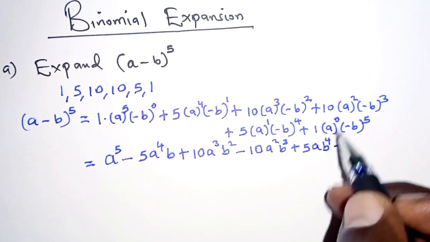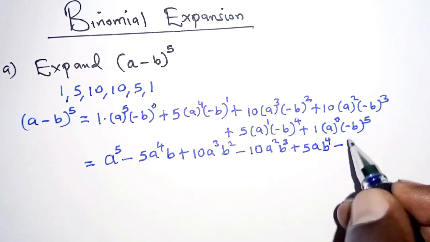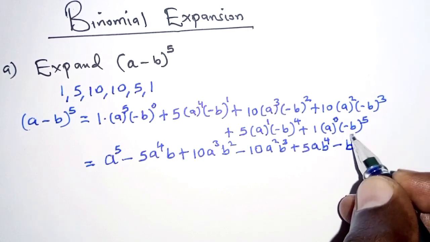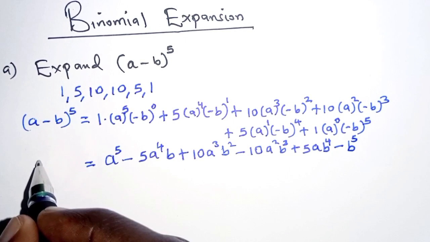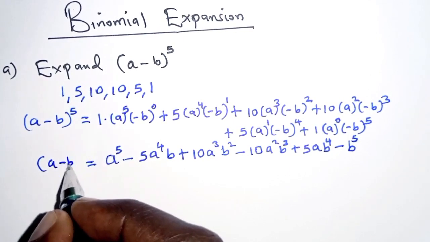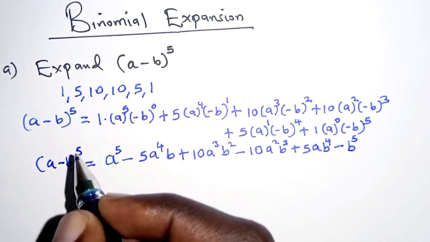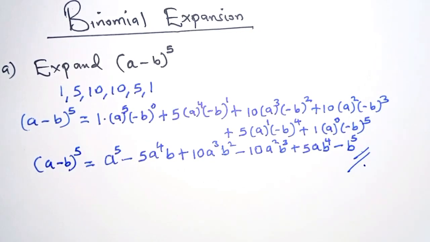A raised to 0 is 1, so it is 1 times b^5, that is b^5. Finally, we have this expression, which is the expansion of (a − b)^5. So that is for part A.